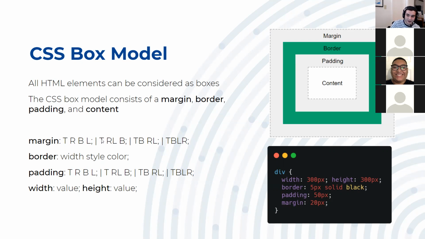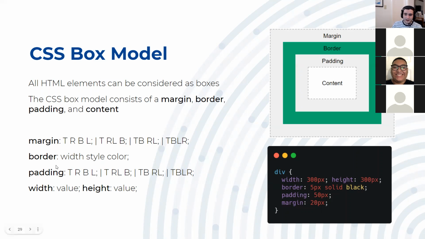Otherwise, top-bottom and right-left, so basically the y margin and the x margin. And if you only specify one number, it's going to be the margin equal to the entire side. So over here, I'm saying the margin of the top, left, bottom, and right are all set to 20 pixels, and then the padding for top, left, bottom, right is all set to 50.